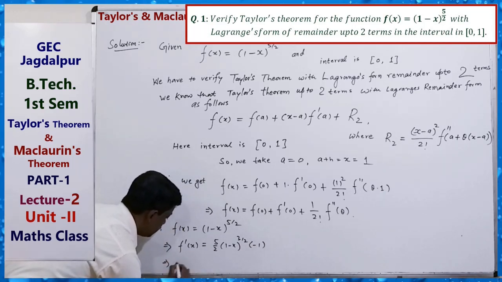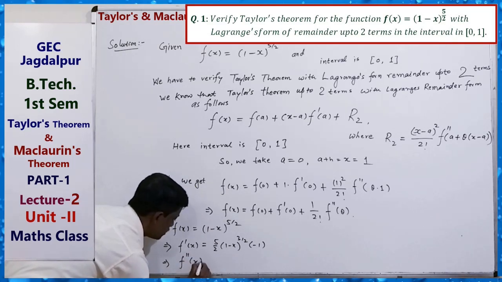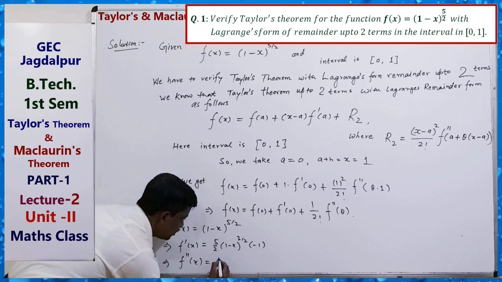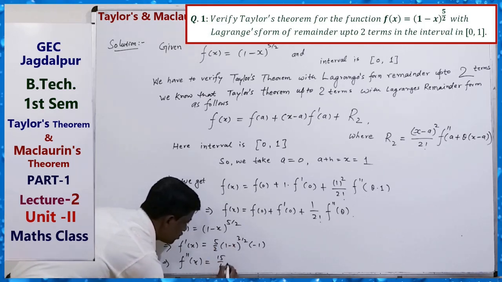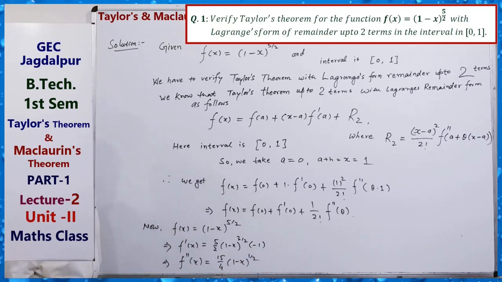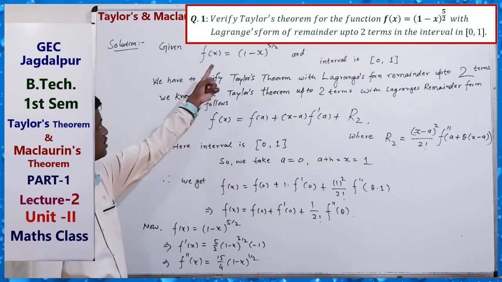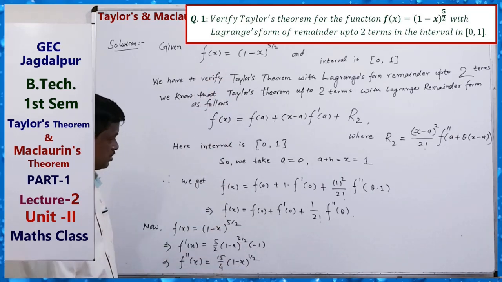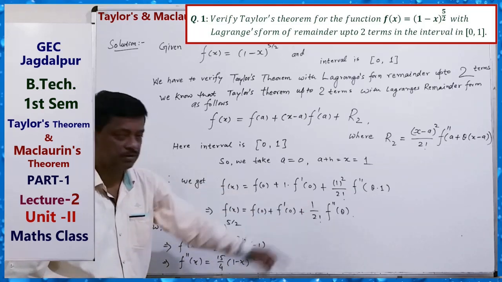And the second derivative f double dash x, minus minus plus, 3 by 2 also, is 15 by 4 times 1 minus x to the power 1 by 2. So these are the values. We require f(0), f dash 0 and f double dash theta.